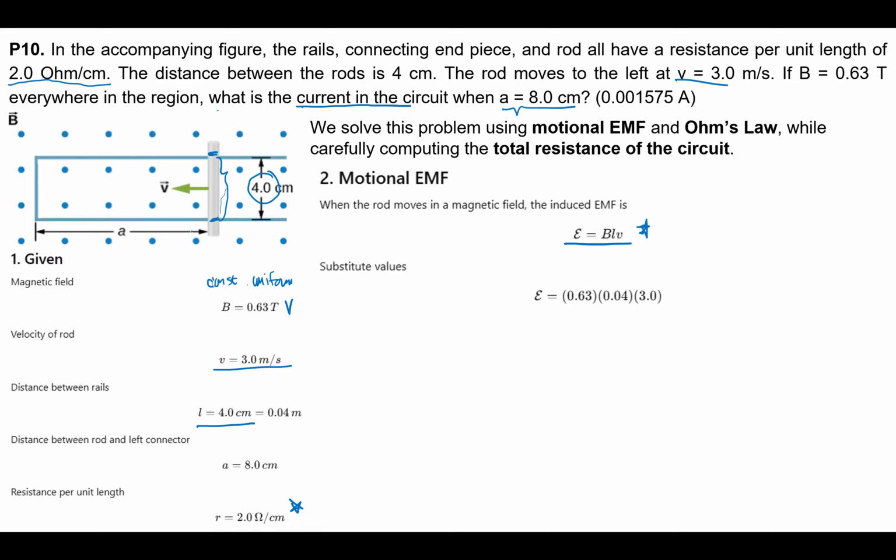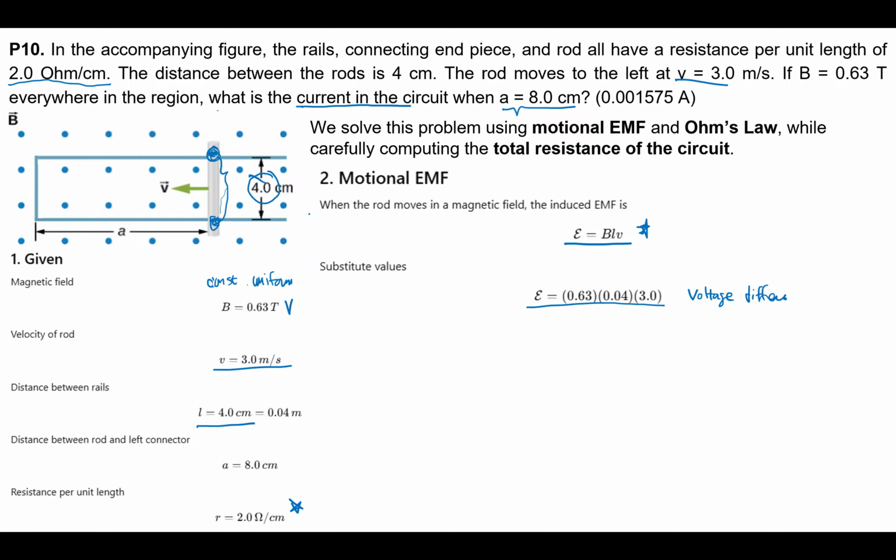That is important. And then what is going to happen here is that we have an EMF, which is the voltage difference, the same as the voltage difference between this part and this part. Okay.